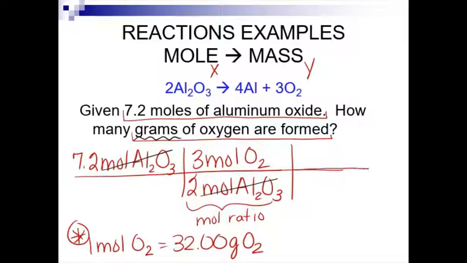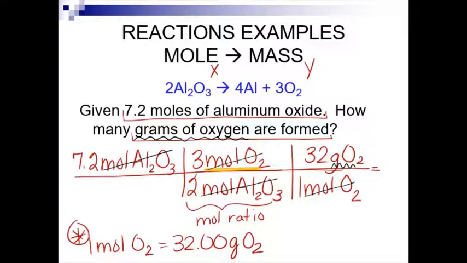You have to determine what goes on the bottom and what goes on the top. You want the moles of O2 to cancel, so you're going to put 1 mole O2 on the bottom and 32 grams of O2 on top. Okay, so we've got it all set up. Let's make sure everything's going to cancel right. Moles of O2 cancel, and what we're left with is grams of O2, and that's what we wanted.